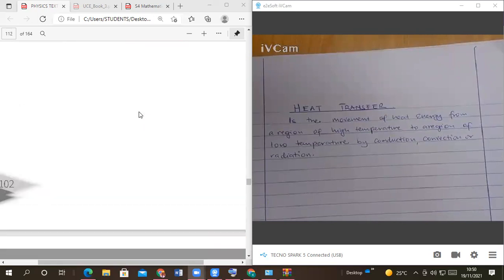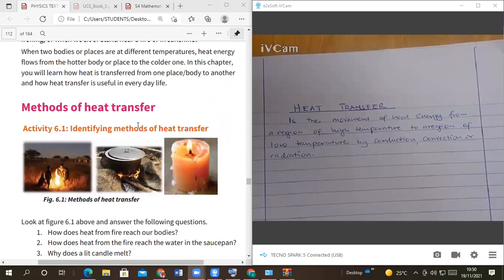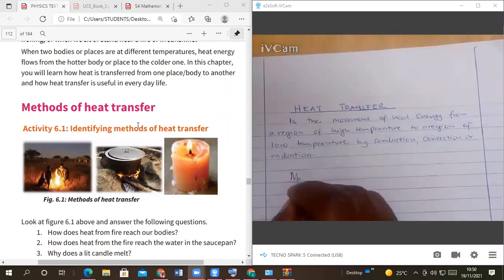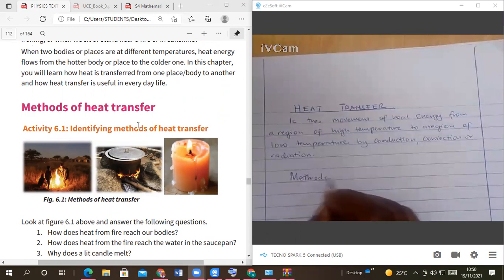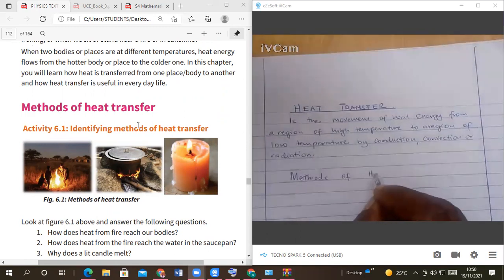So we are going to look at these methods of heat transfer. Have you written methods? Yes. Okay. Methods of heat transfer.